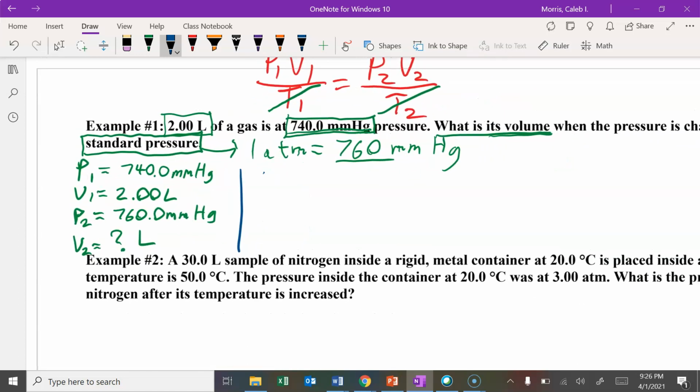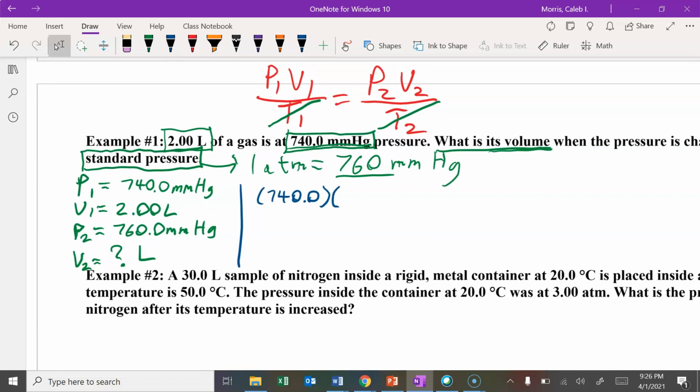So I have 740.0, that's P1, times V1, 2.00, equals 760.0 times V2.